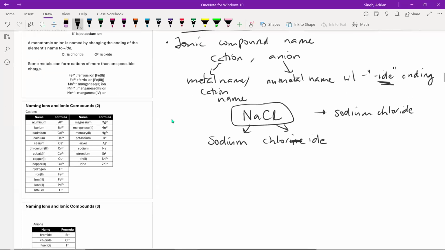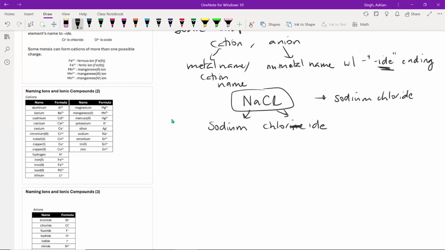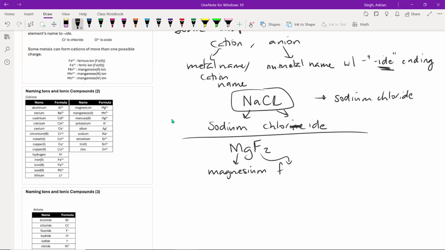Okay, similarly, if I have something like MgF2, here I have the Mg ion, so this is magnesium. I don't put the word ion in the name. And then in F2 here, this means I have two of the Fs, and it's not just fluorine.